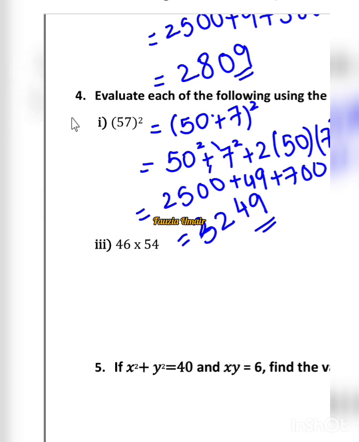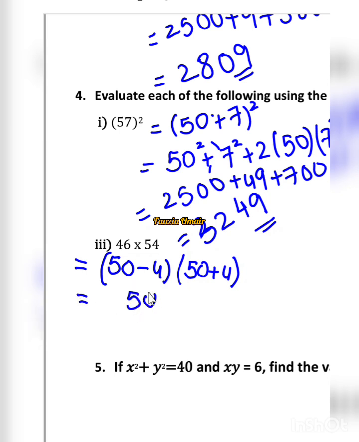This is the question, 46 into 54. So now you need to see 54 is 50 plus 4, and 46 is 50 minus 4. So you can write it down as 50 minus 4. So basically the addition side is giving you a hint what you need to do. 50 plus 4. So this is the formula, a minus b into a plus b.